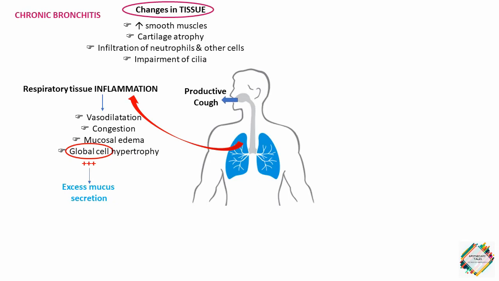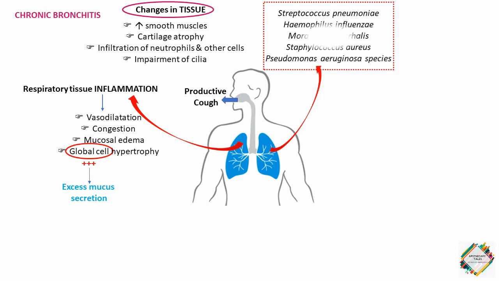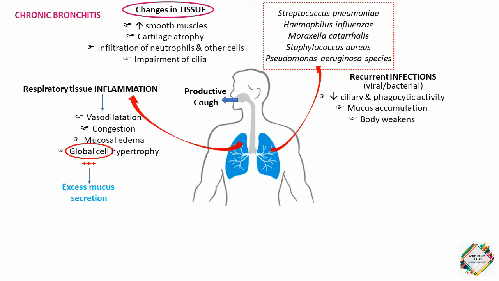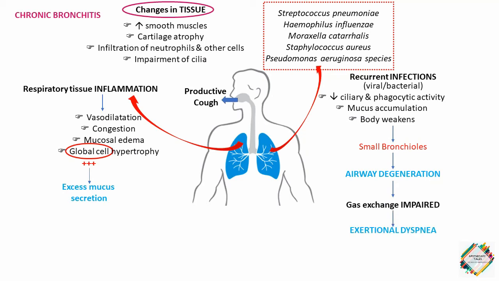Normally sterile airways can become colonized with Streptococcus pneumoniae, Haemophilus influenzae, Moraxella catarrhalis, Staphylococcus aureus, and Pseudomonas aeruginosa species. Recurrent lung infections, both viral and bacterial, reduce ciliary and phagocytic activity, increase mucus accumulation, weaken the body's defenses, and further destroy the small bronchioles. As these factors cause airway degeneration, overall gas exchange is impaired, causing exertional dyspnea. So what is this exertional dyspnea?